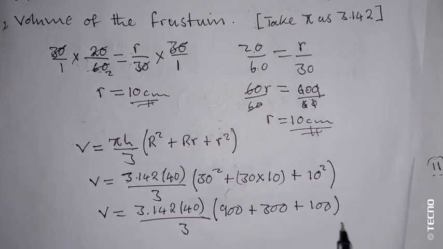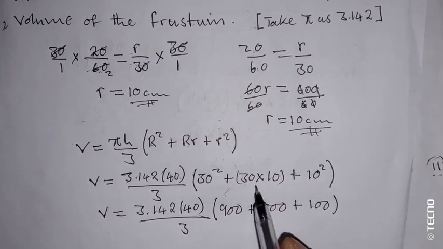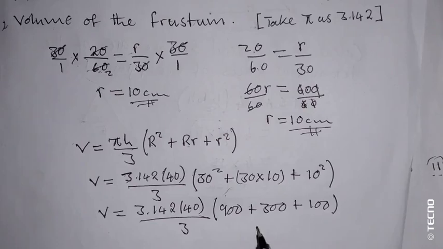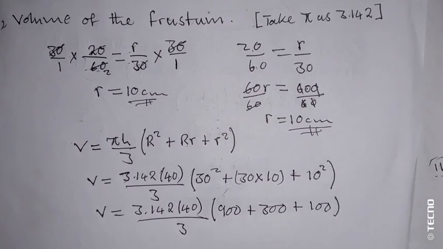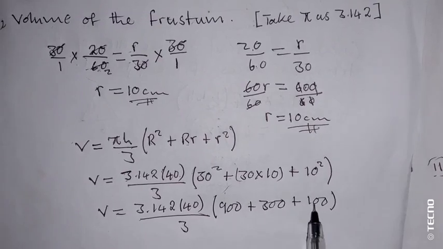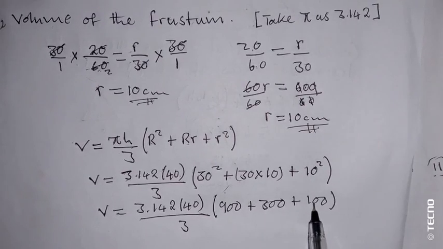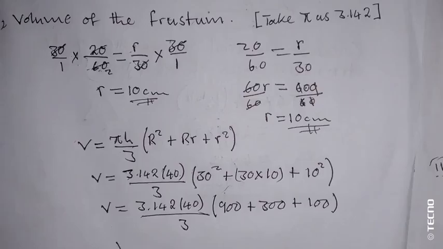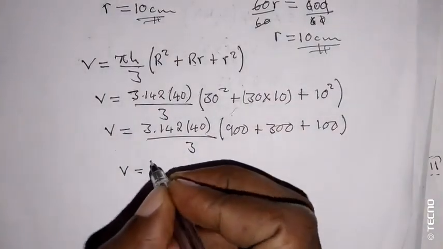These are squares. Once you square them and multiply, you're going to have something like this. Then when you add this and this, we're going to have 1200, plus this one, so it's going to give us 1300.